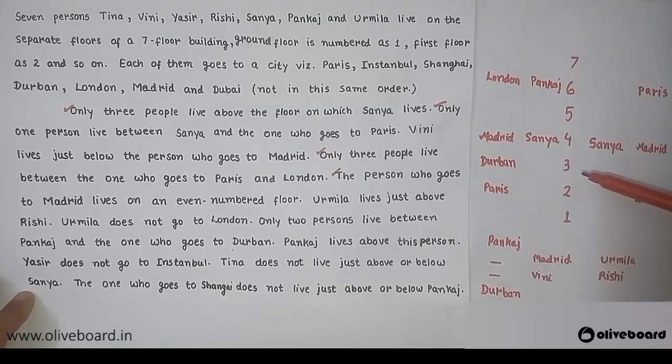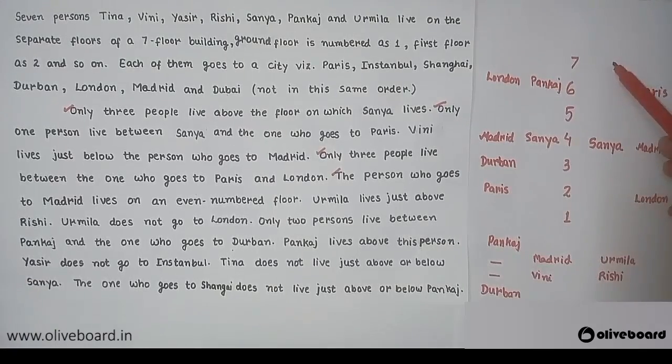I think this is clear for you and I am using the same process on this side as well. So Pankaj cannot sit here because 2 places down we can see the person who goes to Madrid is already sitting. Pankaj can sit here so that after 2 floors the person who will go to Durban can sit.